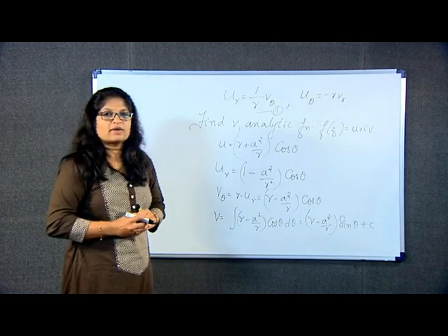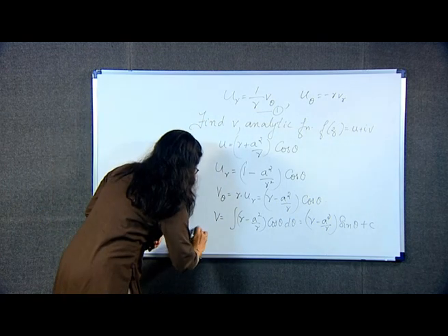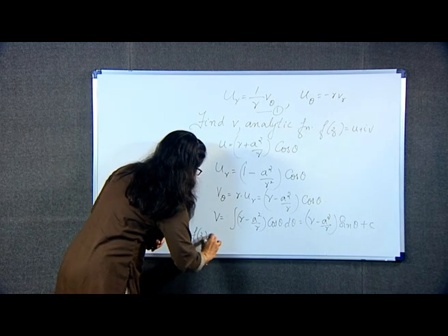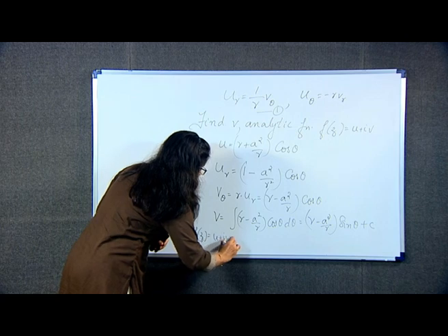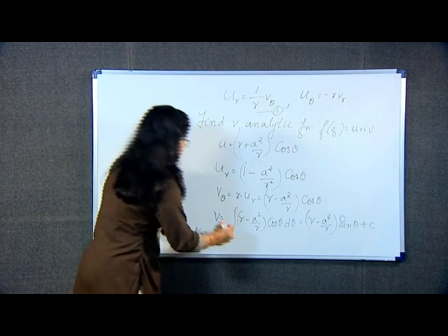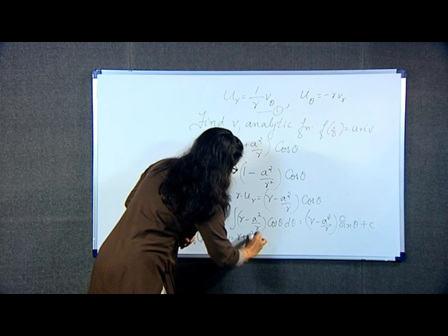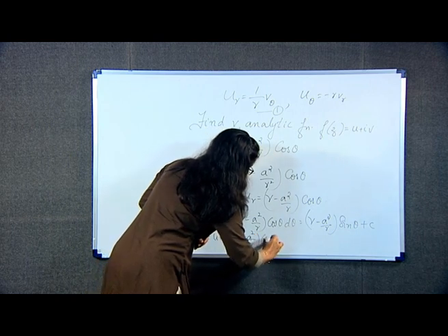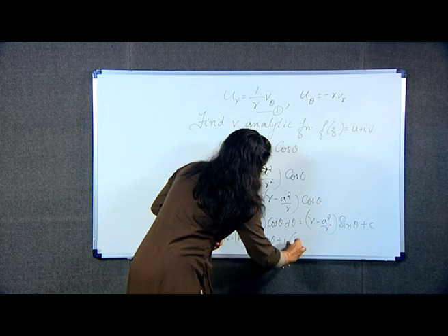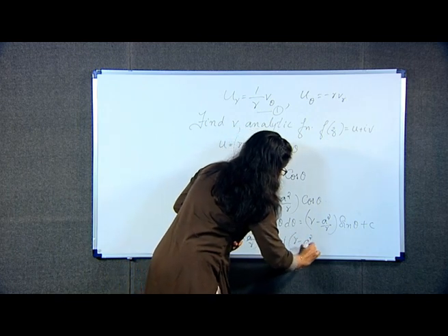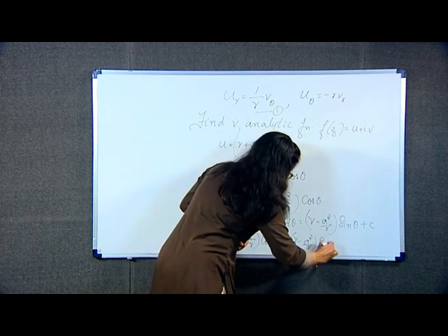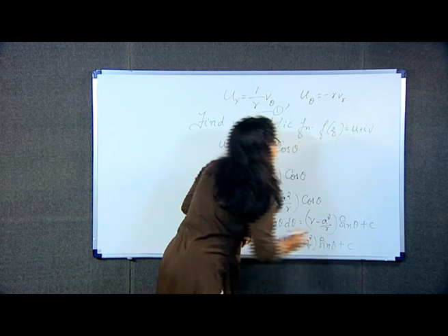Now how do I write my f of z? My f of z is u plus iv, that is r plus a square by r, cos theta, plus i into r minus a square by r, sin theta, plus c.